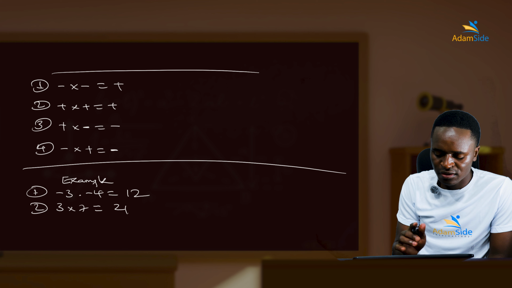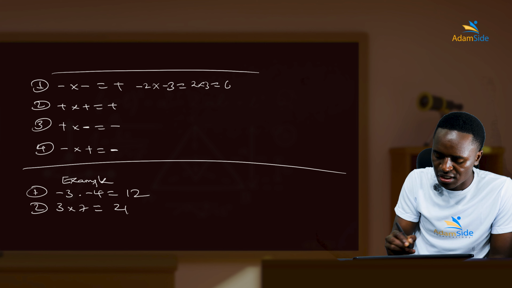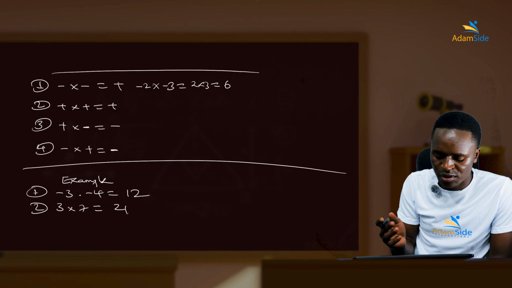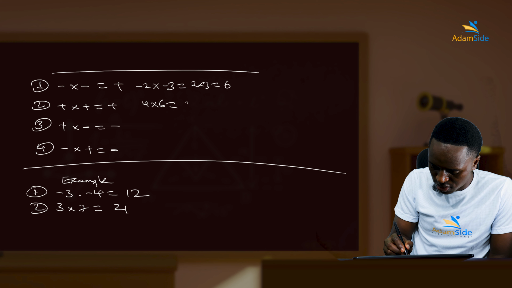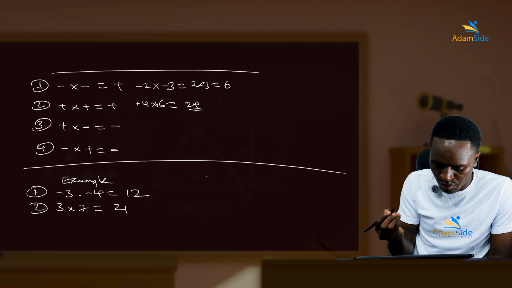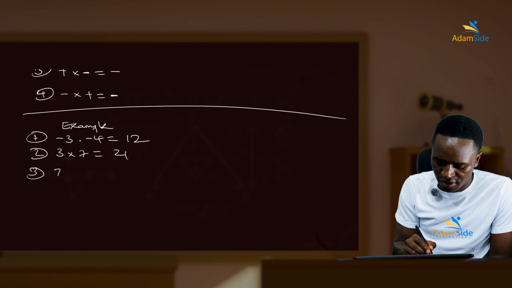Negative 2 times negative 3, your answer will be 2 times 3, which is 6. Negative times negative is always positive. When you have positive numbers like 3 times 7, you can have the signs or not, but understand when there is no sign, it's positive: 21. And then rule number 3: positive 7 times negative 3, your answer will be negative 21.